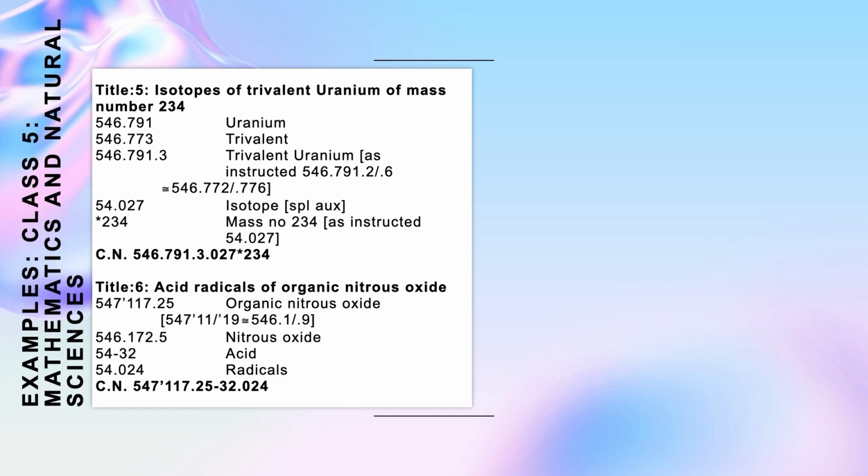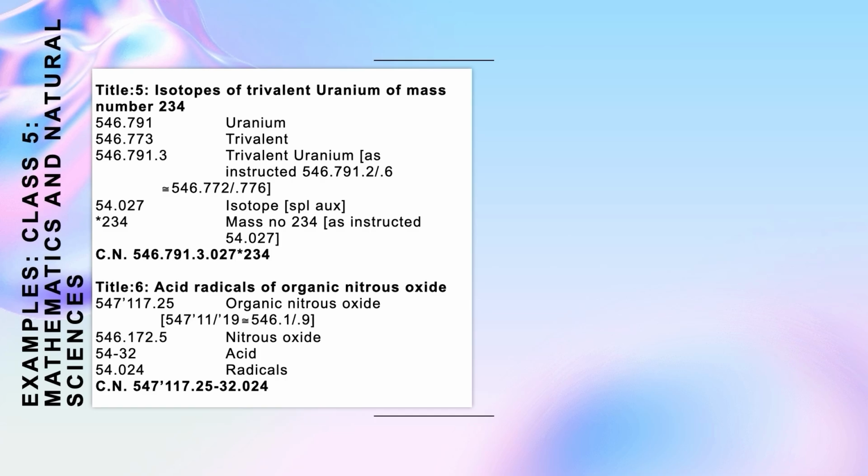There is a special auxiliary under 54, that is 54.027 for isotope, and *234, where 234 is the mass number of the uranium isotope. So the final class number will be 546.791.3.027*234.